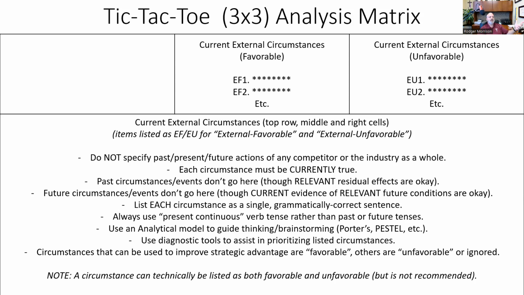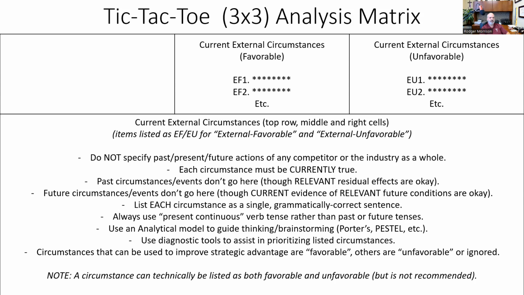Don't say, we found out that this company is doing so-and-so. Like in electric vehicles, you might think that, well, this company is pursuing so-and-so. True. And you're not. True. But it doesn't go here. It goes over on the internal side where you would say, we are worse than that company in terms of pursuing new battery technology.